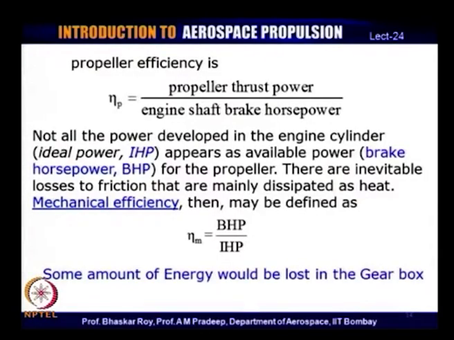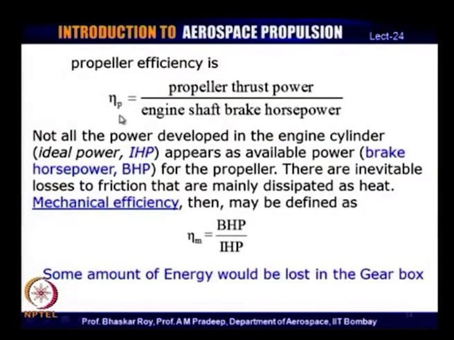This is the mechanical efficiency of the engine, but bhp is what the propeller gets, and then the propeller creates thrust. So, if you consider that thrust into thrust power, the ratio of the two actually gives you the propeller efficiency.